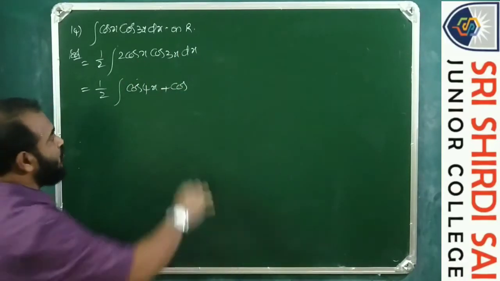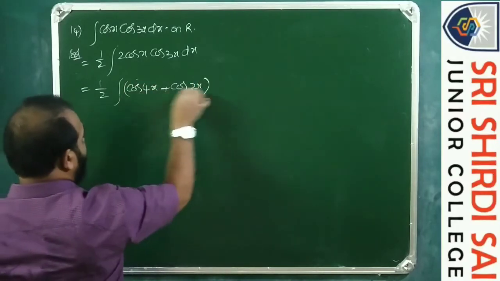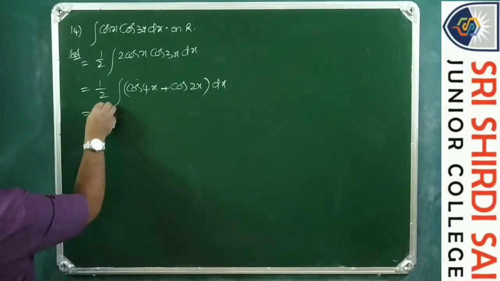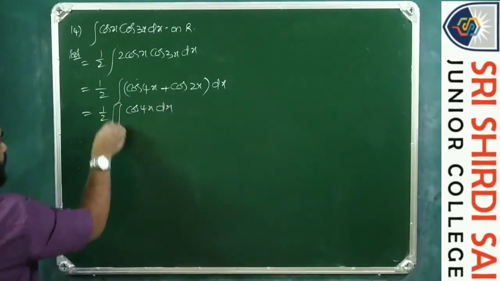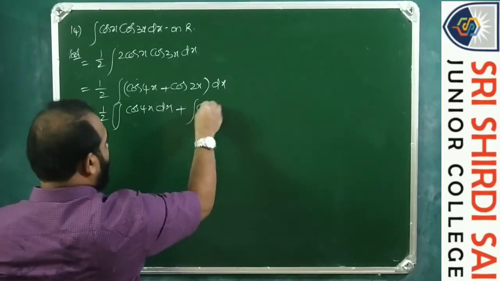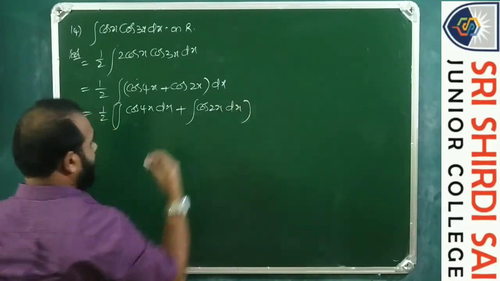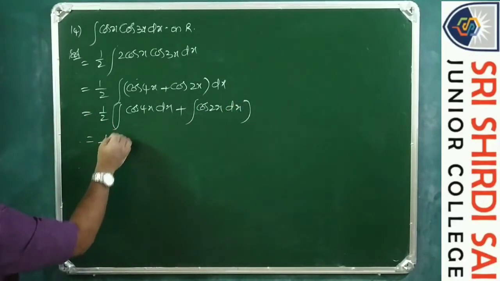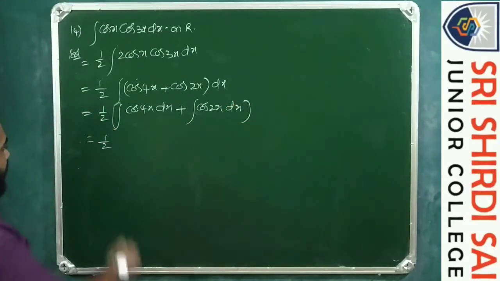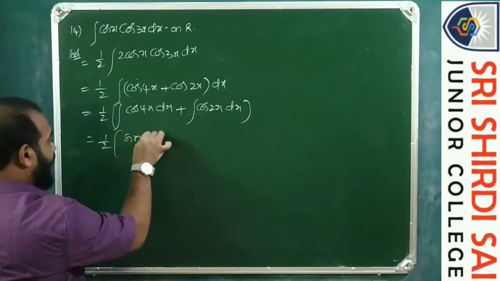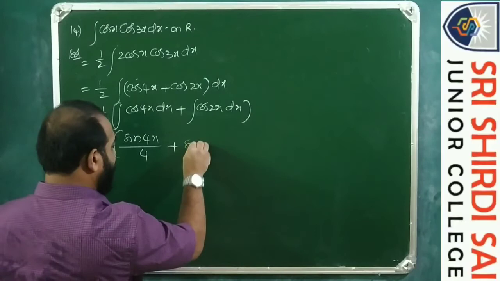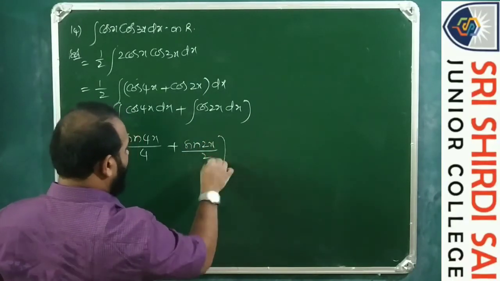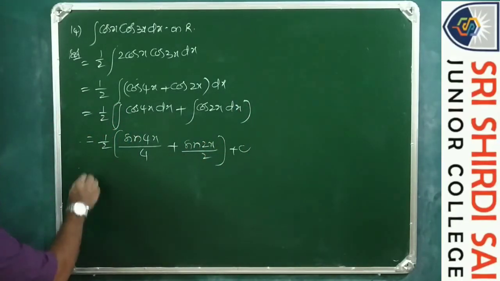Cos minus 2x is cos 2x, because cos is an even function. So 1 by 2 integral cos 4x dx plus integral cos 2x dx. That is 1 by 2 (sin 4x by 4 plus sin 2x by 2) plus constant of integration c.